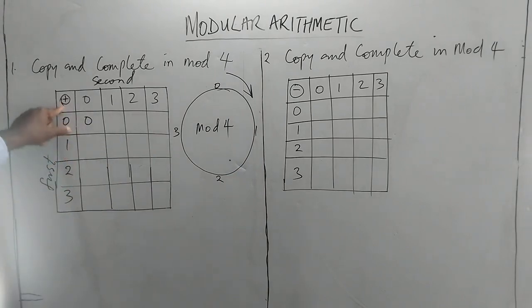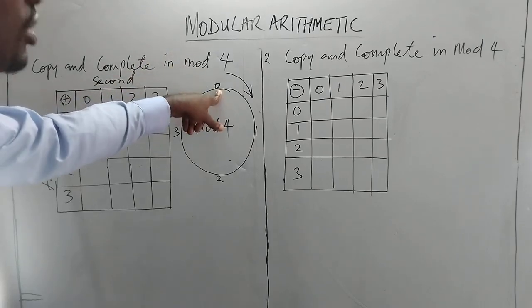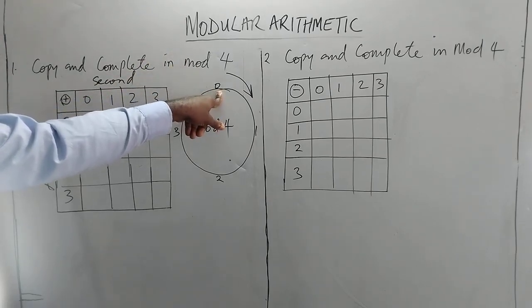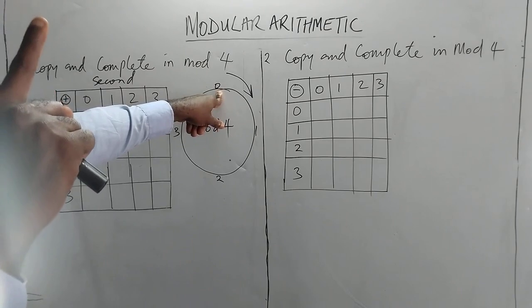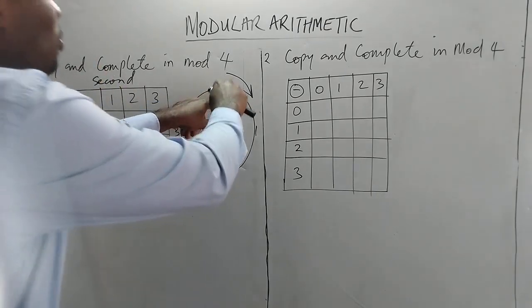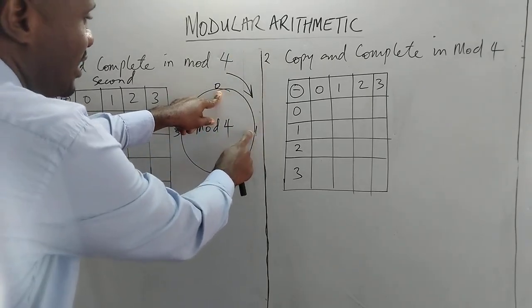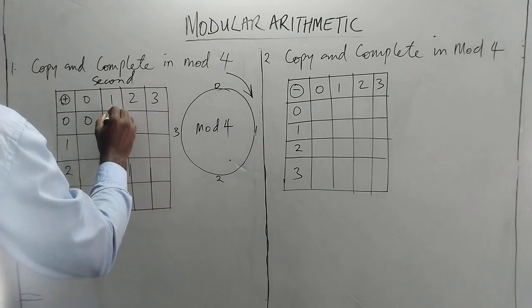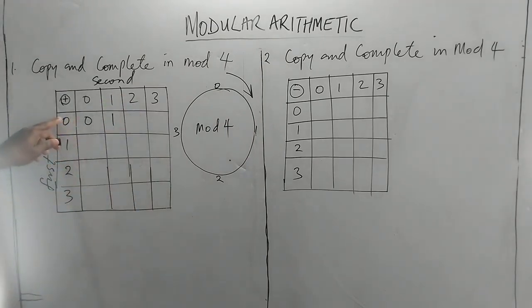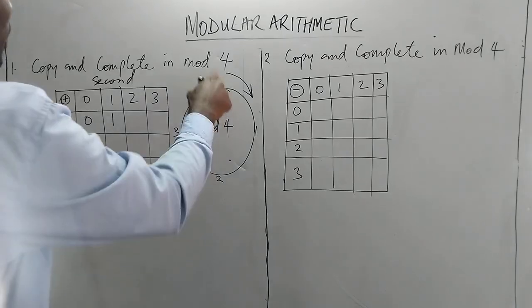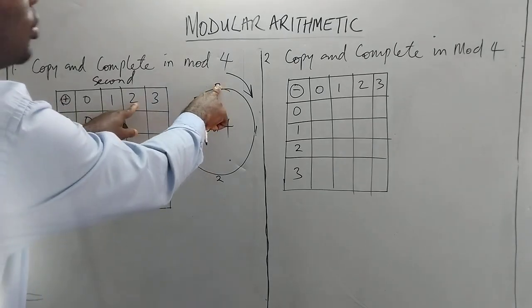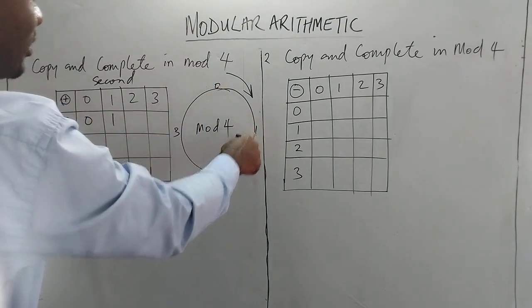So 0 plus 1 means you are starting from 0 and you are moving 1 place. So from 0 you move once and that will land you at 1. So you write 1. The next one, 0 plus 2, means you are starting from 0 and you are moving 2 places. 1, 2.